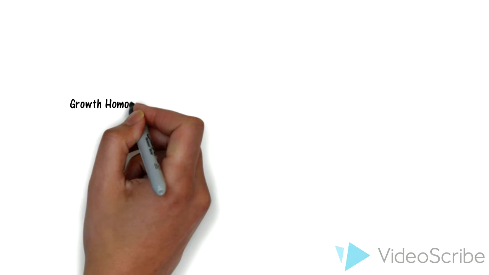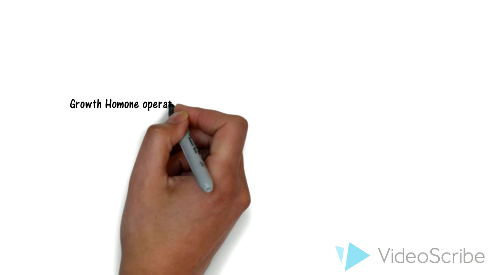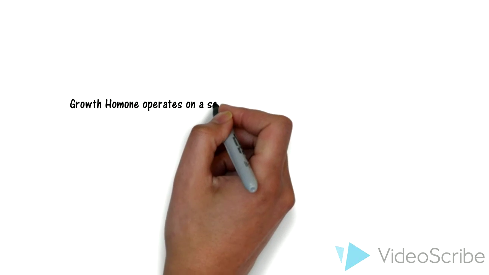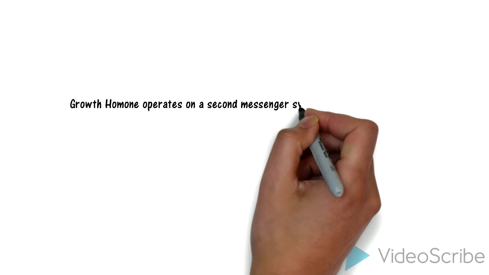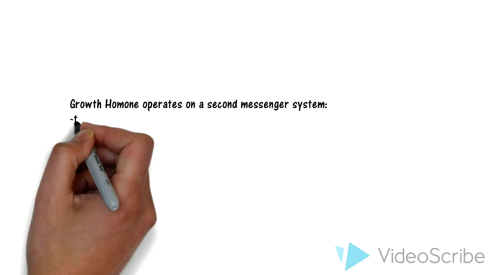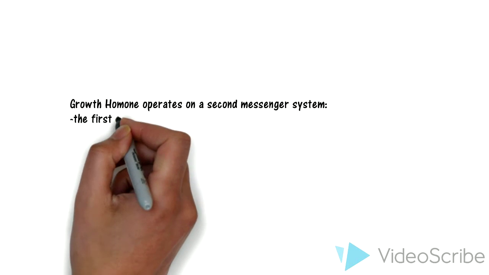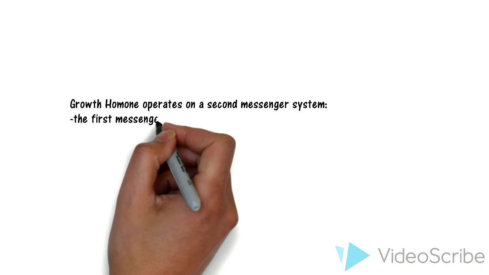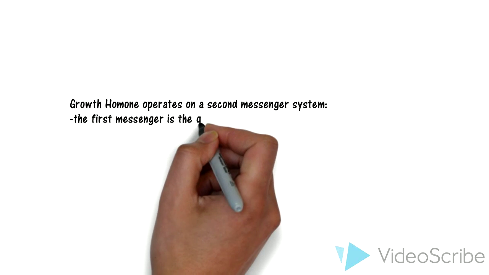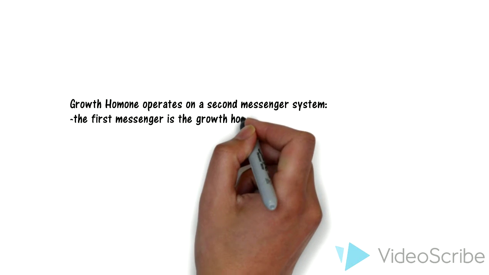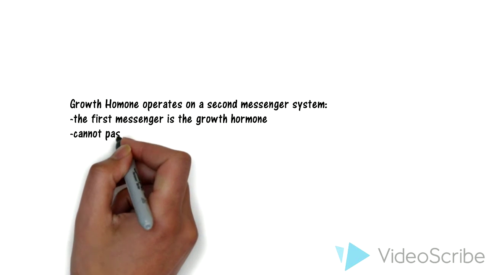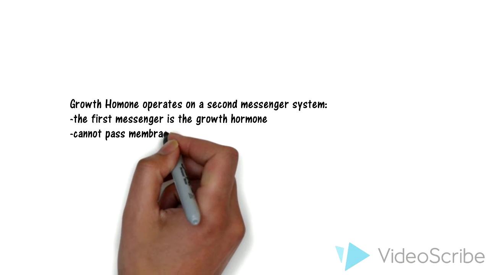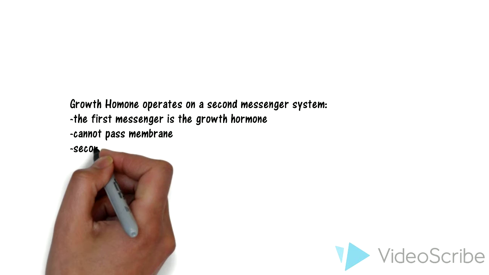Growth hormone operates on a second messenger system. This means that the first messenger, which is growth hormone, travels to the target cell through the bloodstream or the circulatory system. And since growth hormone is a polypeptide, it cannot go through the cell membrane since the membrane is fat soluble.